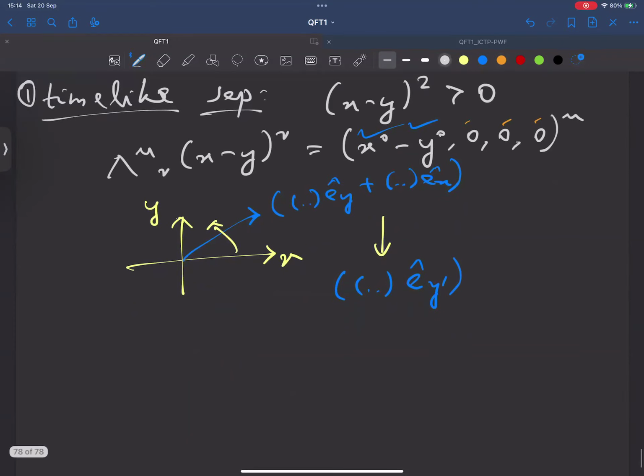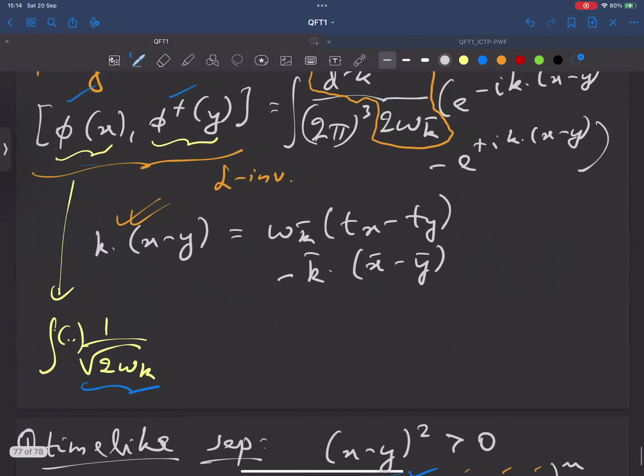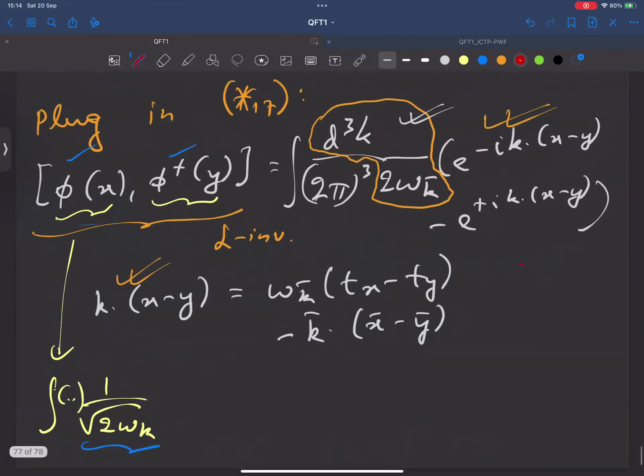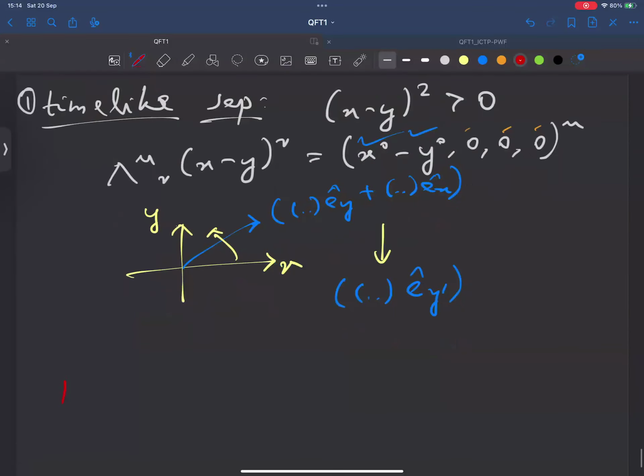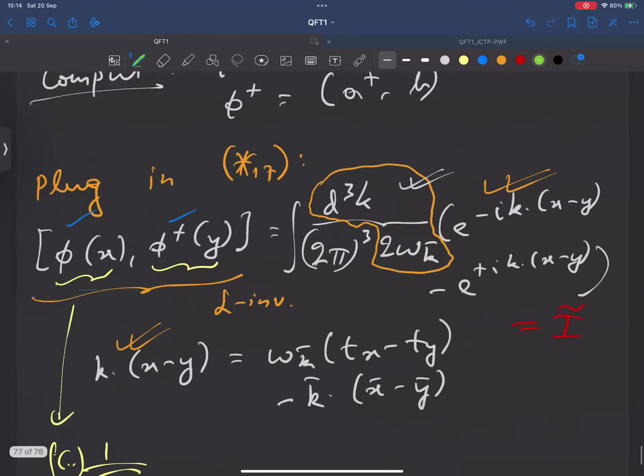So if we do that, now let's evaluate this quantity. Let's denote this quantity as I tilde. Red probably is not a good color, so let's write it in green. So I tilde is this integral.